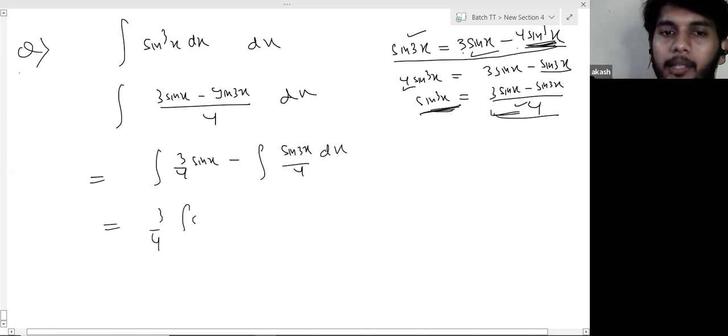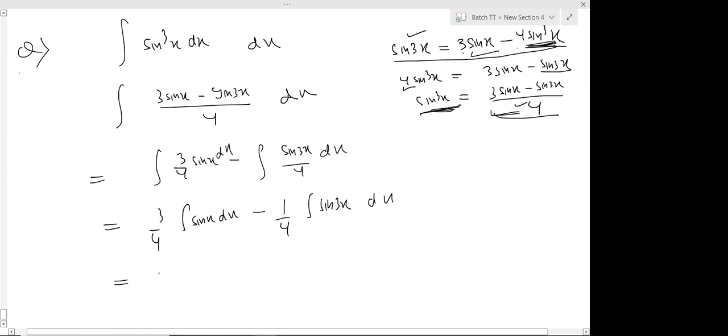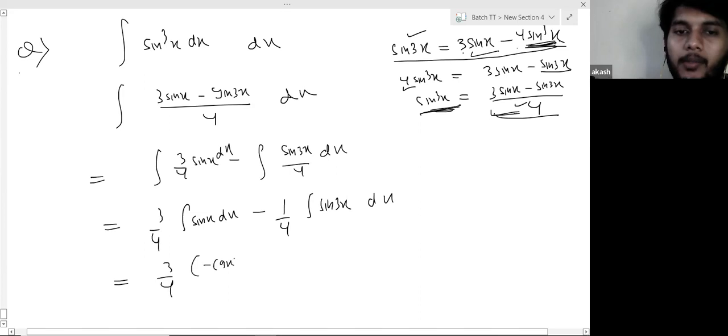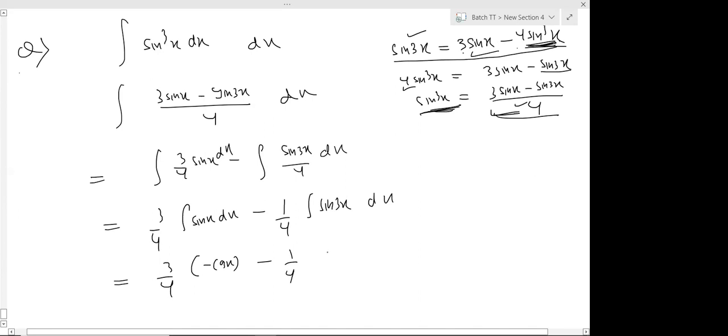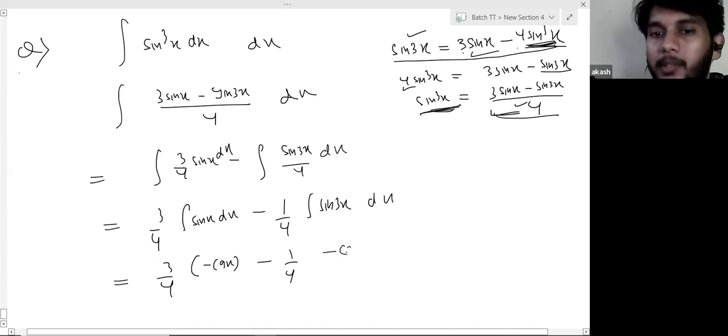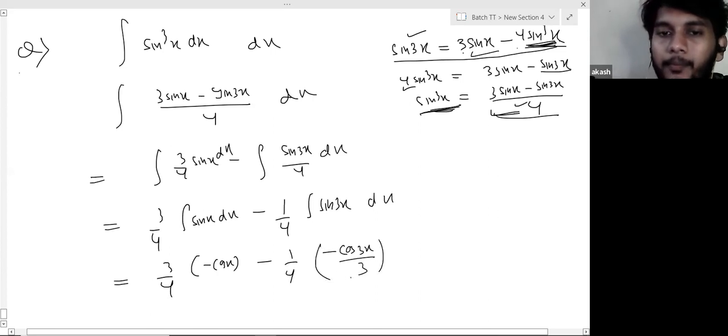So 3 by 4 integration of sin x dx minus 1 by 4 integration of sin 3x. So what is the integration of sin x? Minus cos x. So 3 by 4 times minus cos x, minus 1 by 4 times the integration of sin 3x, which is minus cos 3x by 3.